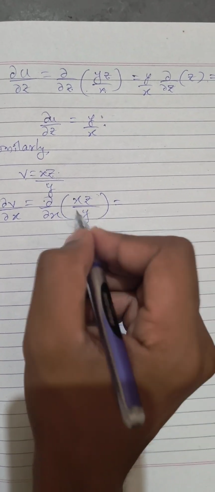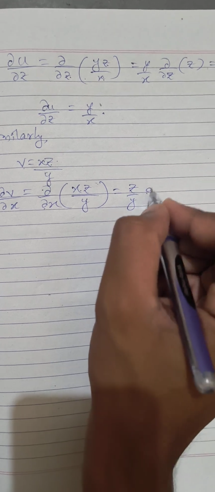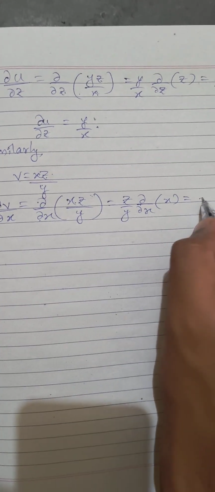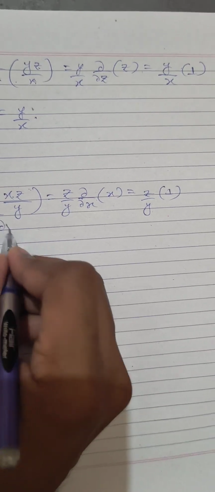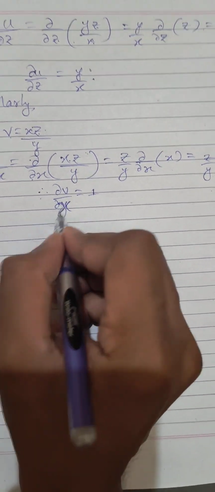Here we are differentiating this term with respect to x, so take z/y outside and only differentiate the x term. The derivative of x with respect to x is 1, therefore z/y.